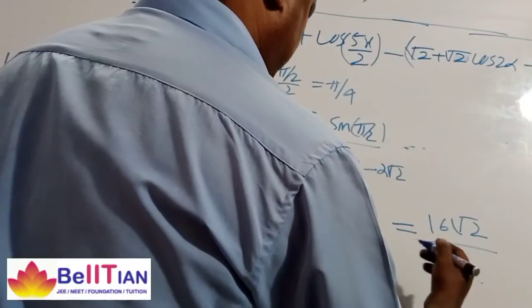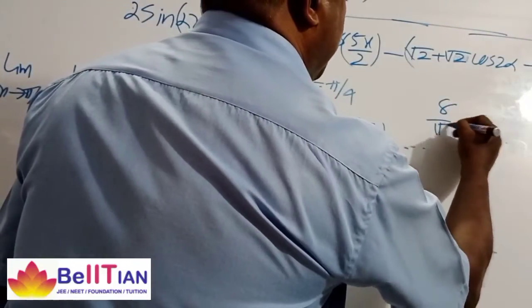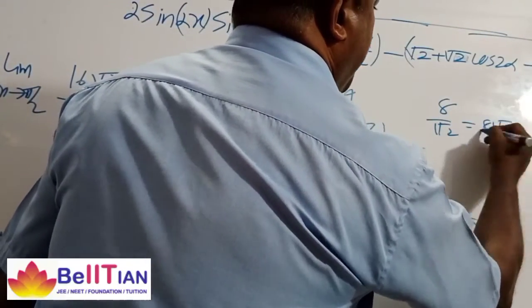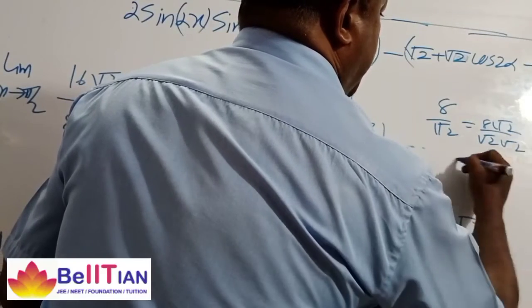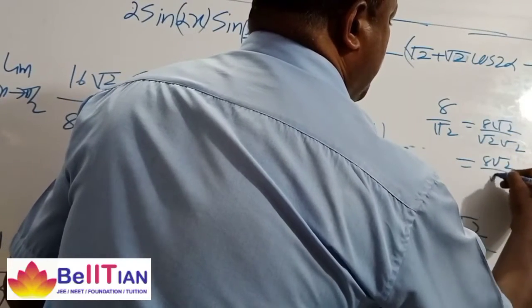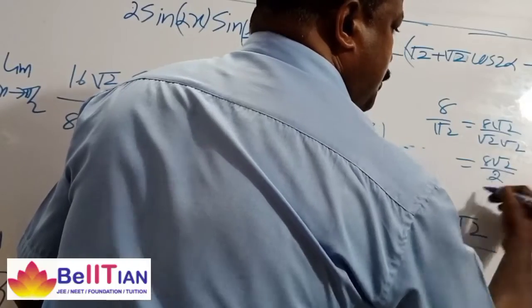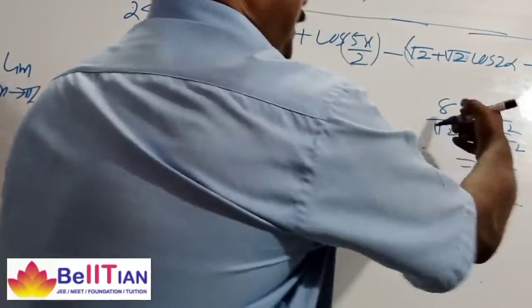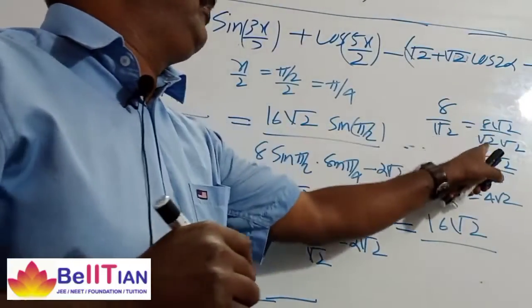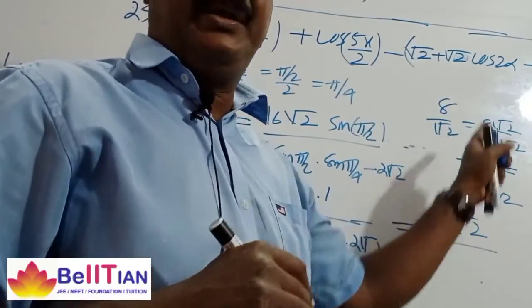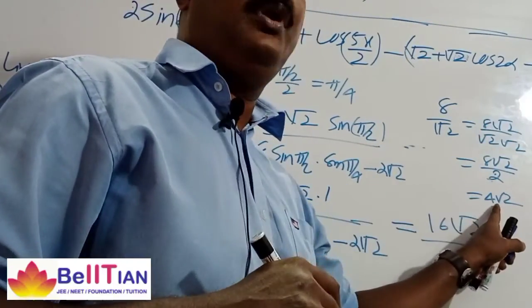So 8 by root 2 can be written as 8 into root 2 divided by root 2 into root 2, that is 8 root 2 divided by 2, which is equal to 4 root 2. See, 8 by root 2 is equal to 4 root 2.